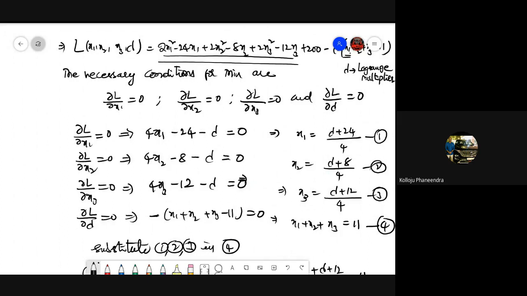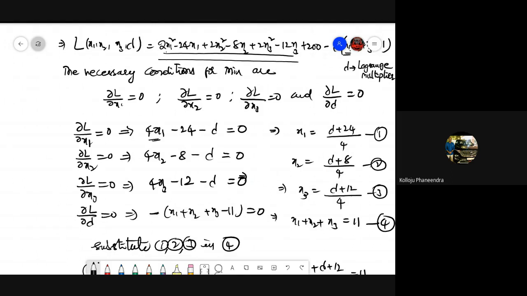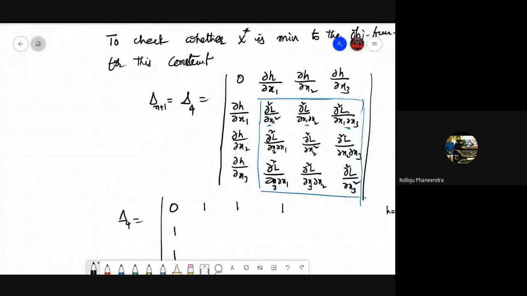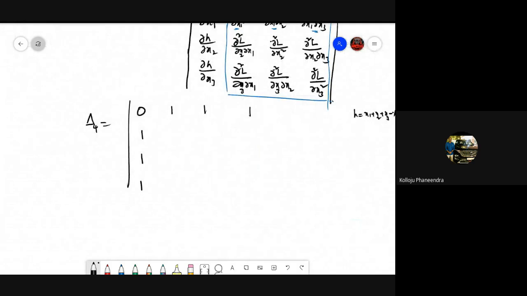So dou square L by dou x1 square is 4. One more derivative with respect to x1, you will get 4. Dou square L by dou x1 x2 is 0, x1 x3 is 0. You will get these values. You know how to calculate partial derivatives.